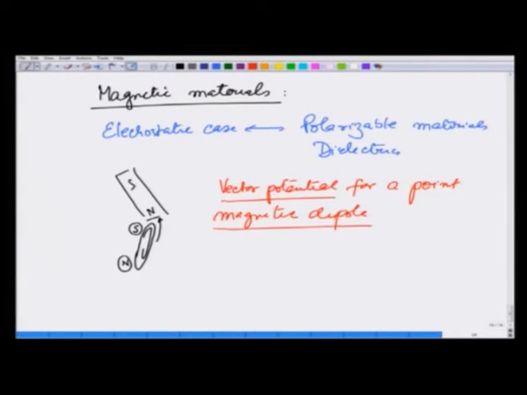Okay. And my claim here is that A at point r for a point dipole sitting at the origin is equal to mu naught over 4 pi, m cross r over r cubed.